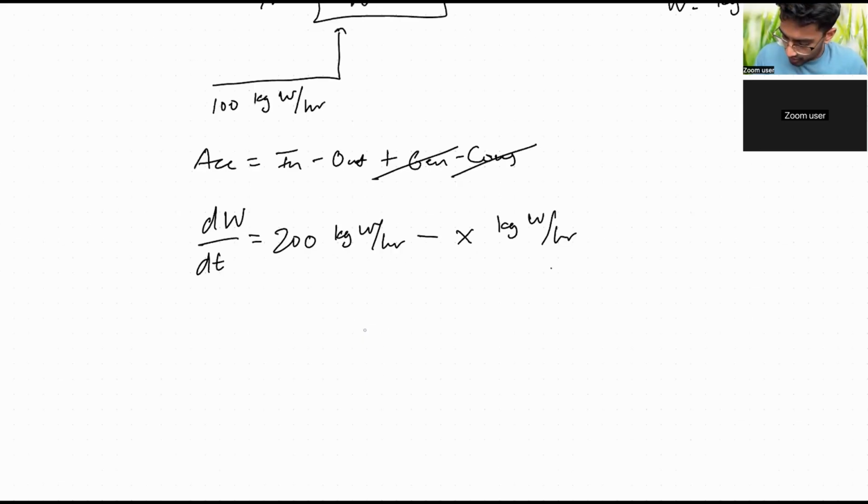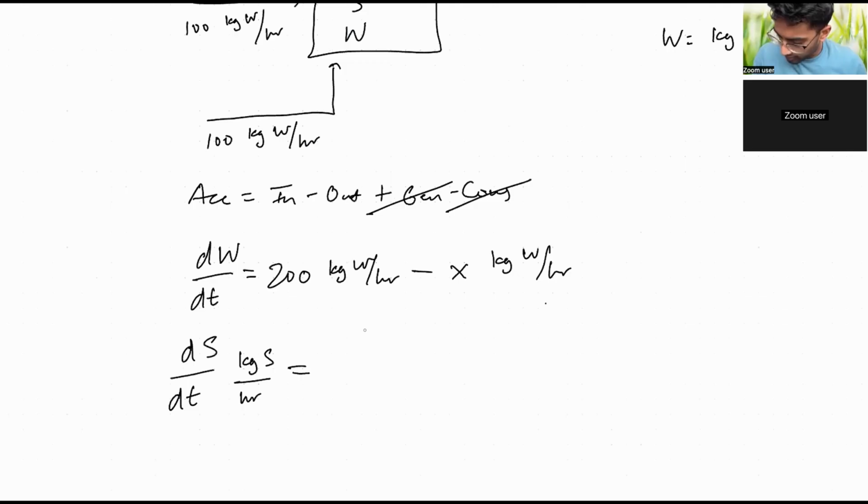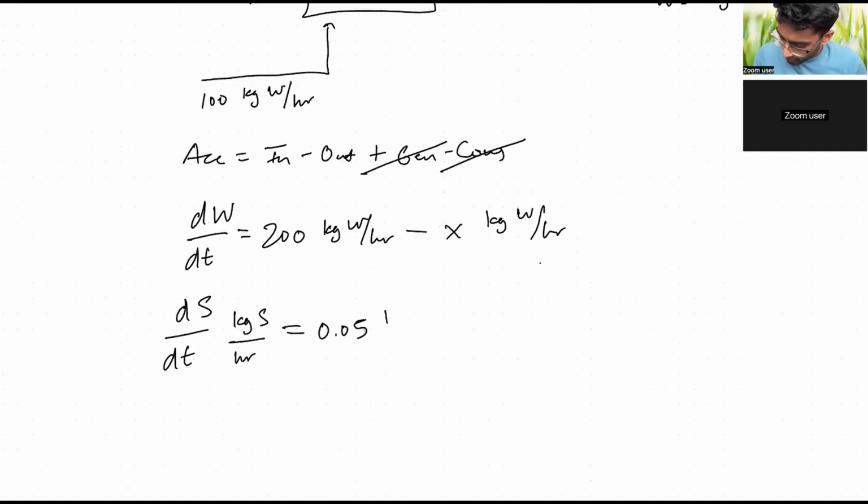The next one is the salt balance. Remember that the units for this one are kilograms salt per hour. And so what is the salt coming in? Well, we have kilograms salt per kilograms water, so 0.05 kg salt per kg water.